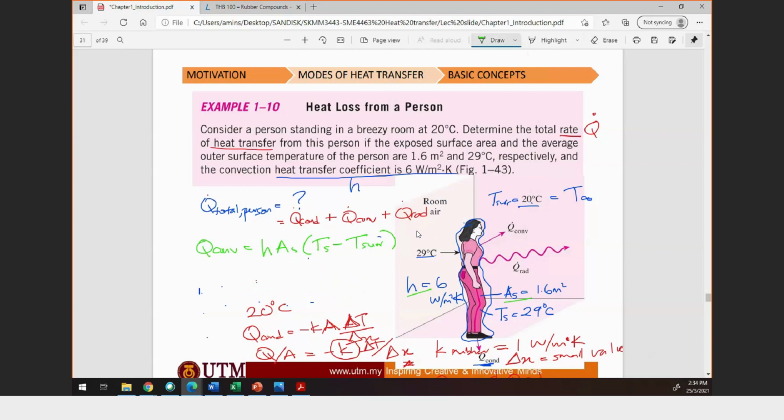The H value is 6, area is 1.6, and T_s is the temperature of the body minus the surrounding temperature.